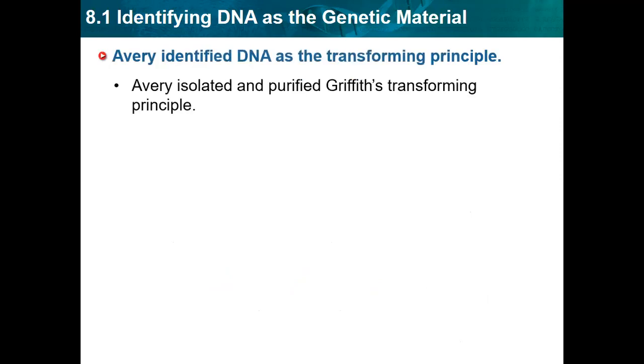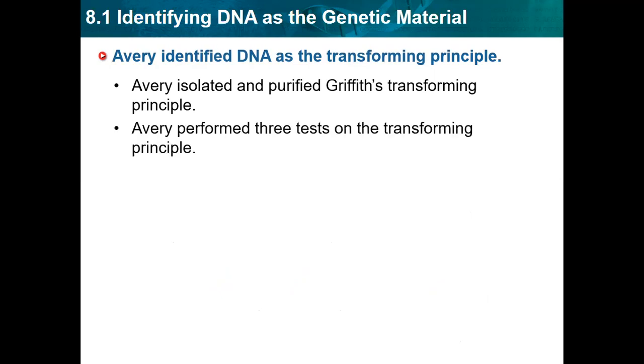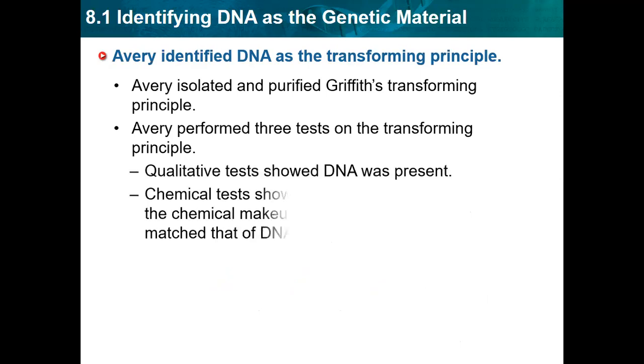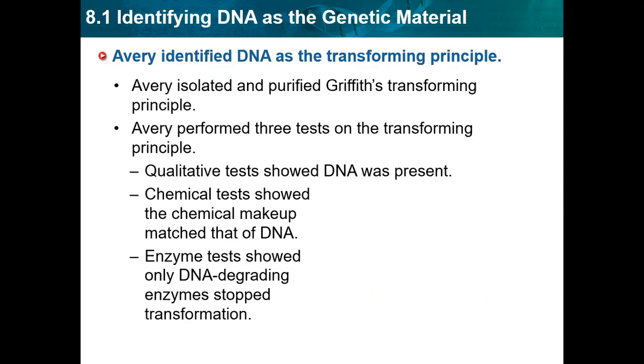Avery identified DNA as a transforming principle. Avery isolated and purified Griffith's transforming principle after Griffith's experiment was concluded. He performed three tests on the transforming principle. The first was a qualitative test, which showed DNA was present. He also did a chemical test, which showed that the chemical makeup matched that of DNA.